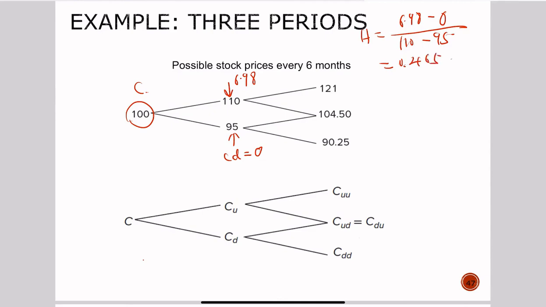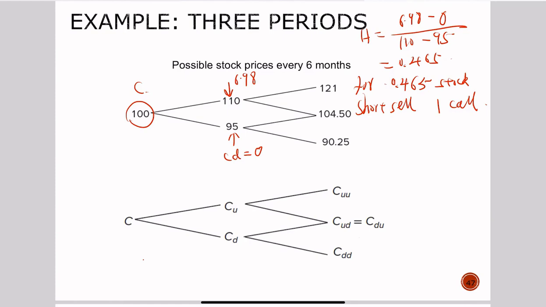So what does this mean? This means for 0.465 shares of stock, you will short sell 1 call.